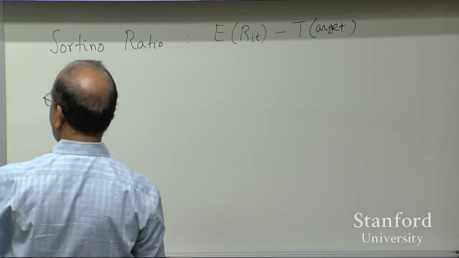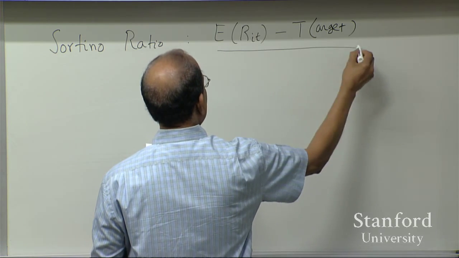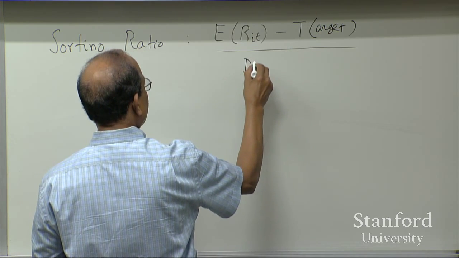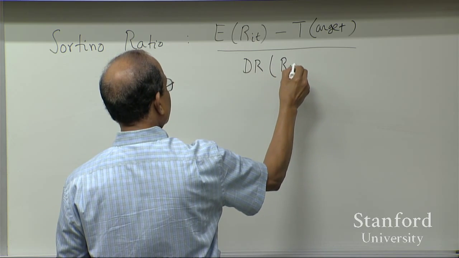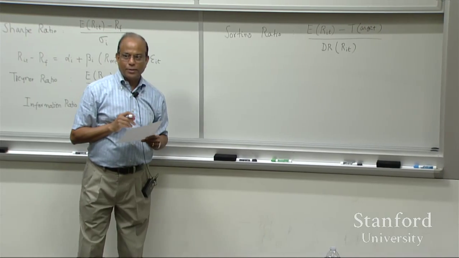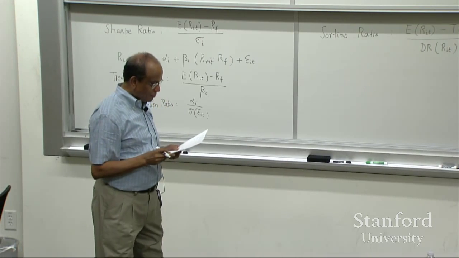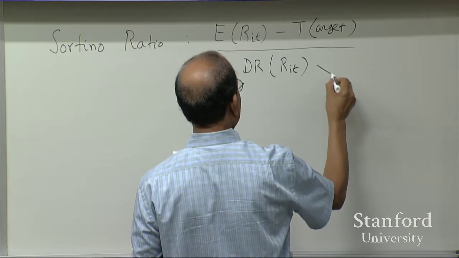Here we are targeting the risk-free rate as the target rate, but you can put anything you want here. And they also look at the downside risk of the return. Essentially, keep track of how much it goes down. When it goes down, only look at the negative side of this. So this is nothing but downside volatility.